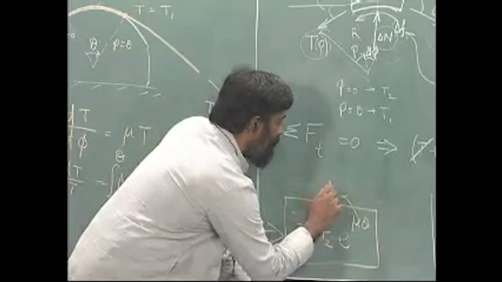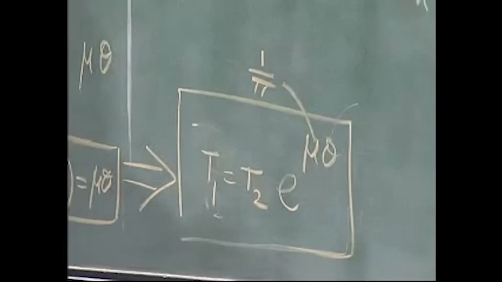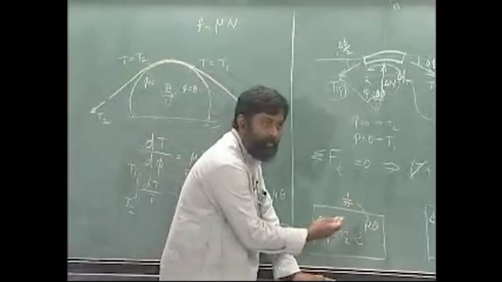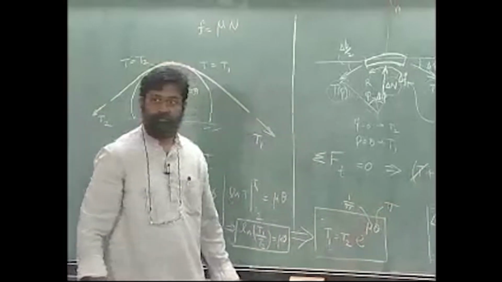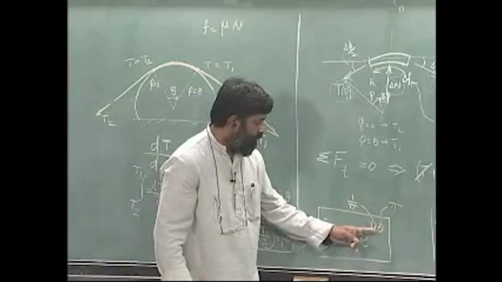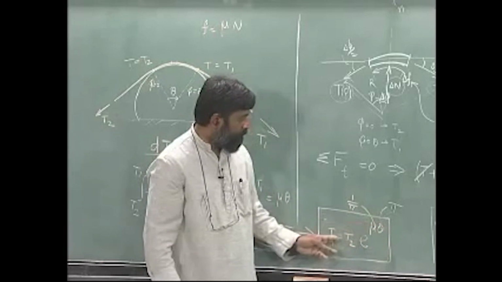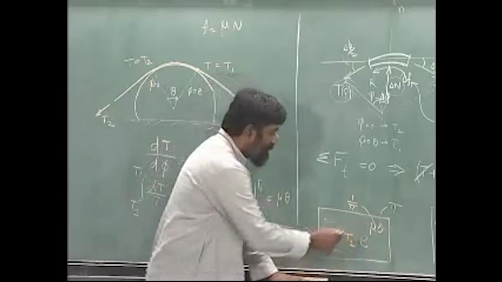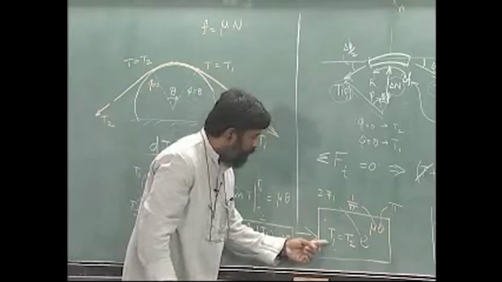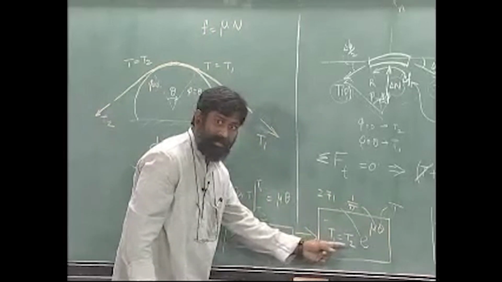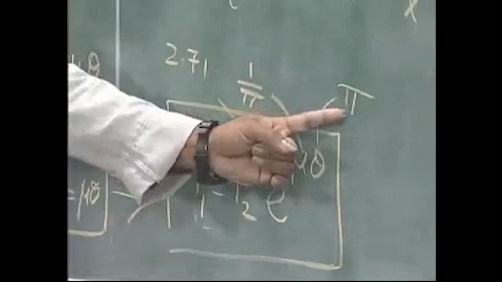Let us give μ, say, 1/π, which is approximately 0.3. I am just going to give an example over here. Let us say θ equals π. What do I get? e raised to 1/π times π is e, which means T1 equals T2 times e. e is 2.71 or so, which means roughly T1 is 3 times T2, a very high number.